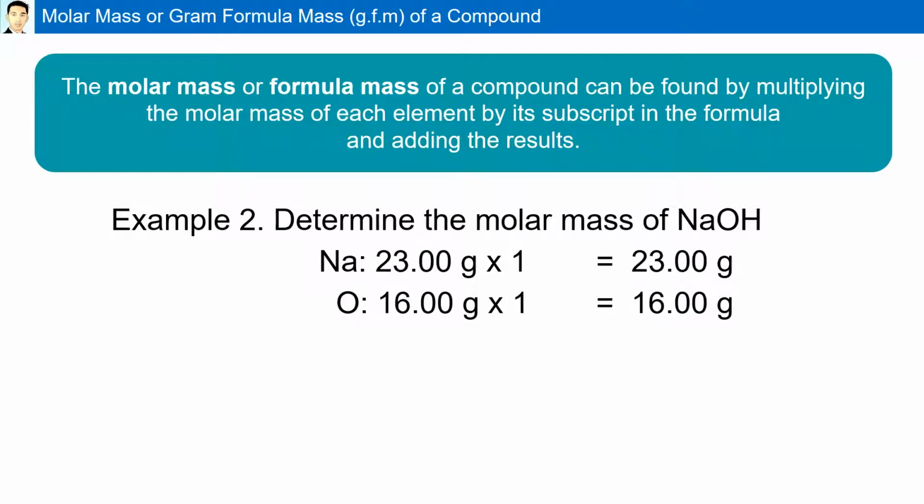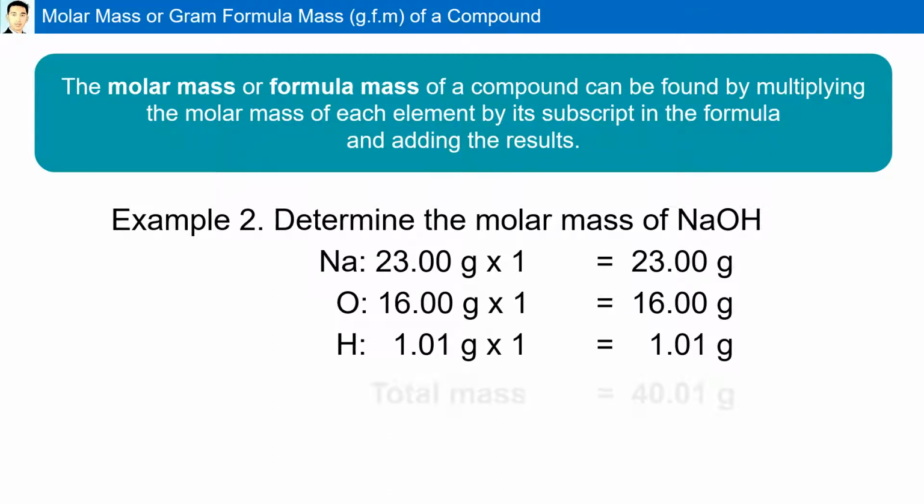For oxygen, the molar mass is 16.00 grams. We multiply it by 1, since there's only one oxygen atom present in the formula, for 16.00 grams. And finally, for hydrogen, the molar mass is 1.01 grams. We multiply it by 1, since there's only one hydrogen present, for a mass of 1.01 grams.